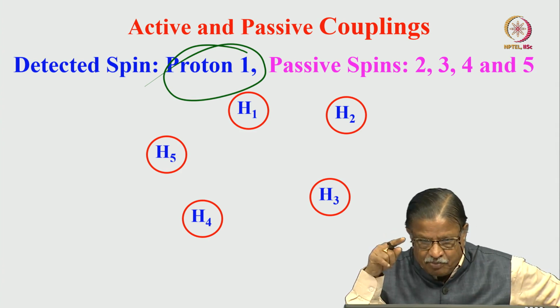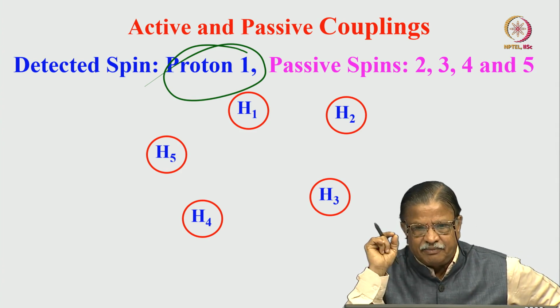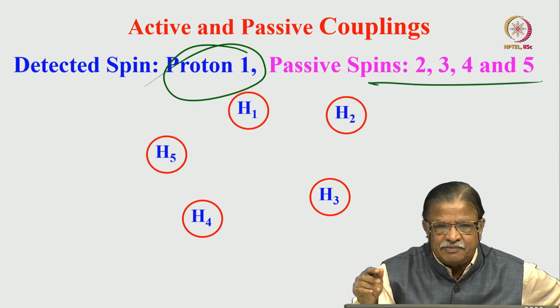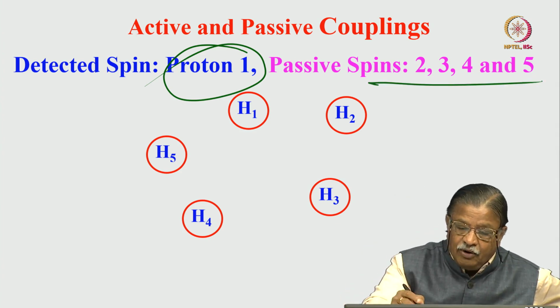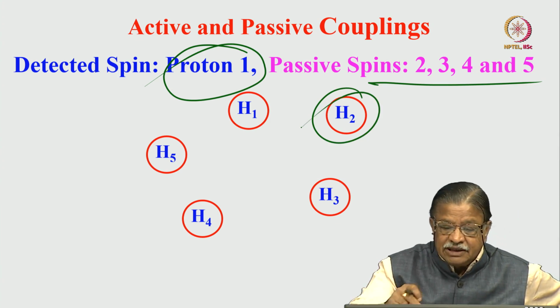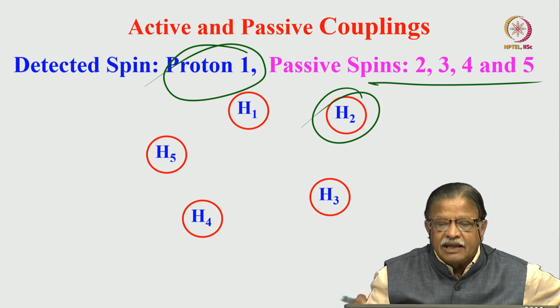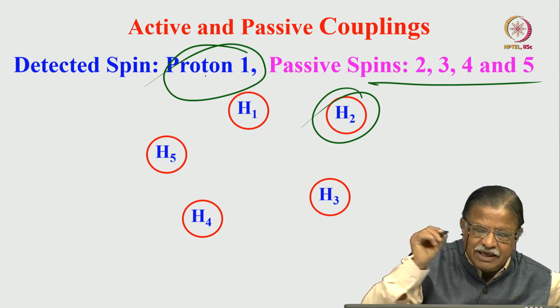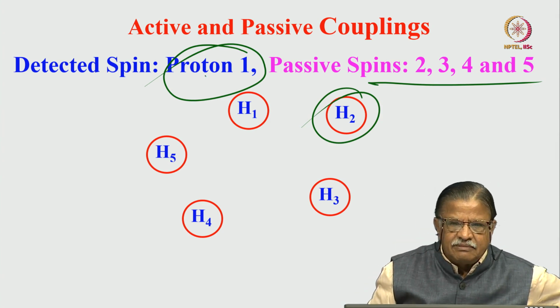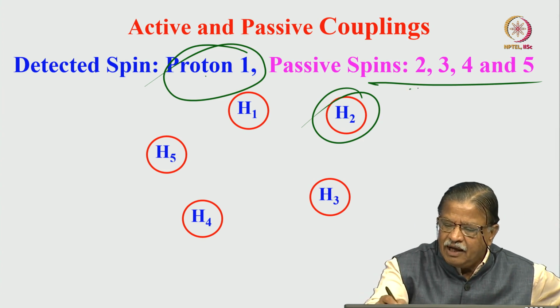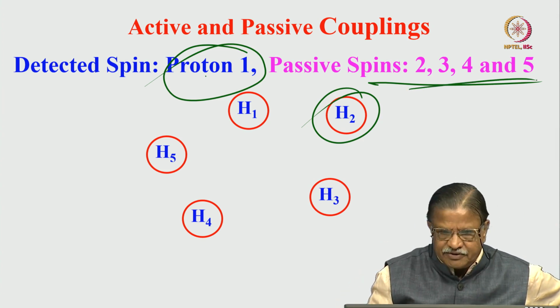Remember, this proton which I am observing is an active spin. Then the remaining are passive spins. If I go to the chemical shift of proton 2, then that is the active spin, and the remaining are passive spins. Now I go back to proton 1, that is the active spin. To me, all the remaining 4 are passive spins.